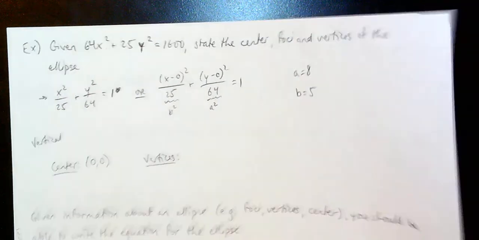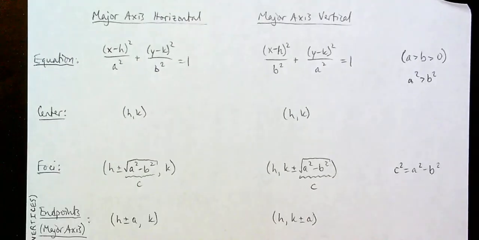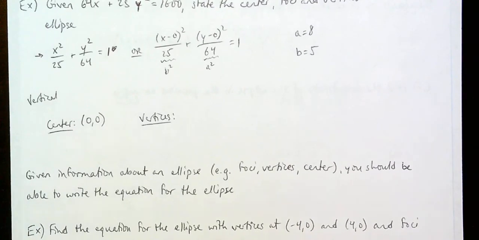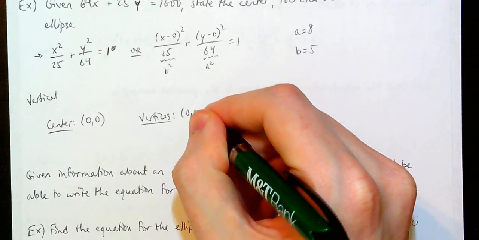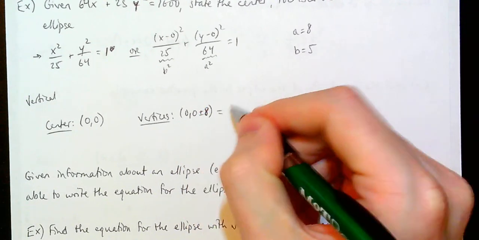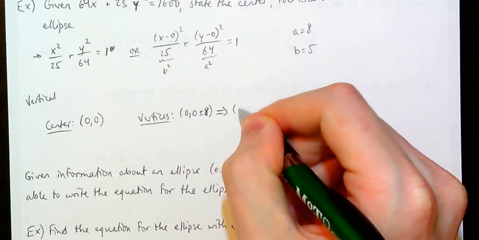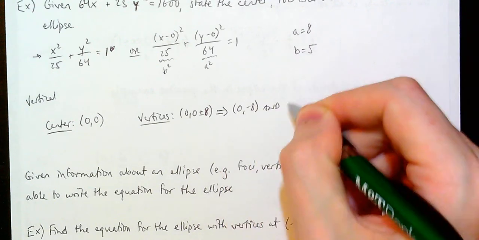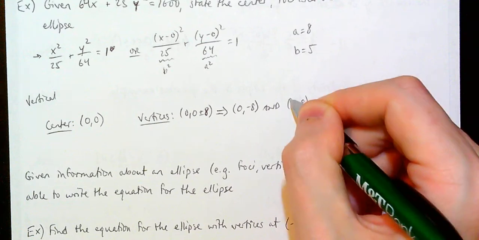The vertices happen at h, comma, k plus or minus a. So that is 0, comma, 0 plus or minus 8, which gives us 0, comma, minus 8 and 0, comma, positive 8.